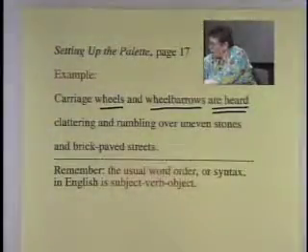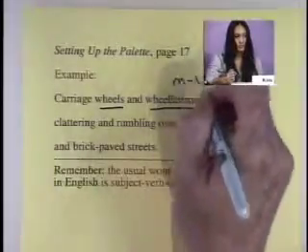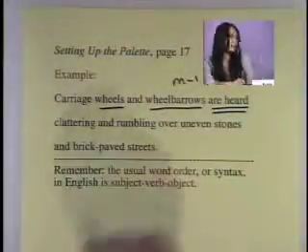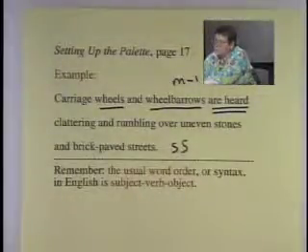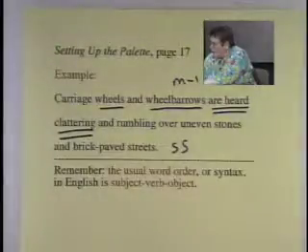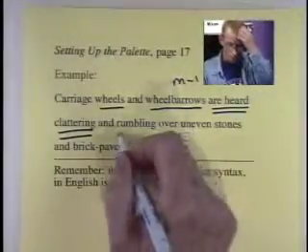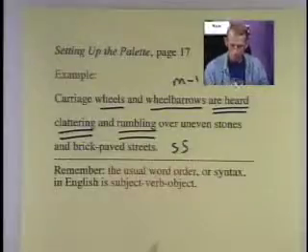I wonder, Kim, what kind of a clause this is. A main? It's a main clause. I wonder what kind of a sentence it is. Simple. Right. And Scott, did she pick up the whole verb? Is clattering part of the verb? Clattering would be part of the verb, and I think you have even another part of the verb. Rumbling. And this would be a good time to have a question, and the question would go something like this.